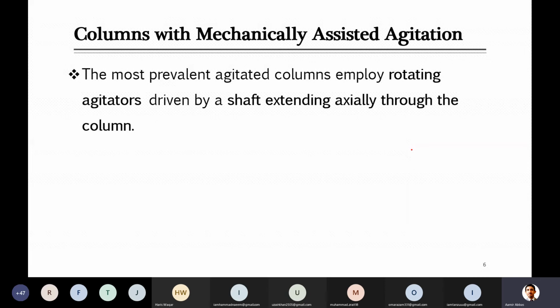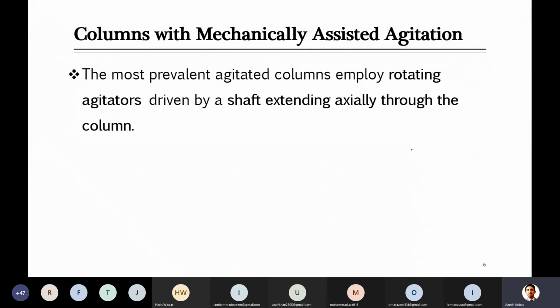As in the previous lecture, you have seen that different numbers of agitators can be used. Those agitating elements are installed on the shaft, and when you rotate that shaft, it will provide agitation inside the liquid, or you can say it will provide mixing between the two liquids.